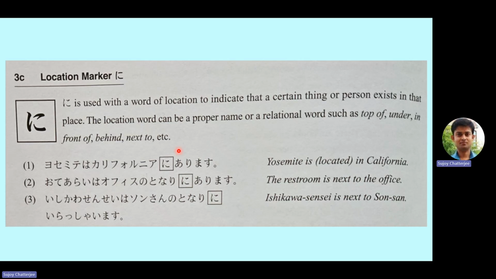So let's take some examples. Yosemite is located in California, or we can also say that Yosemite is in California. How do we say that in Japanese? Yosemite wa California ni arimasu. Yosemite is in California.